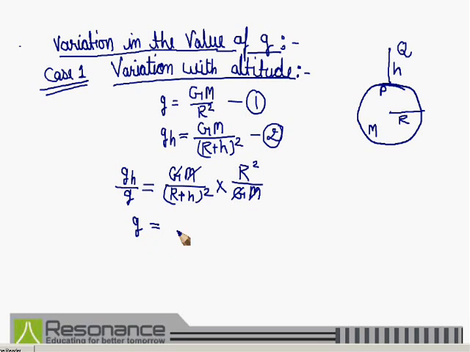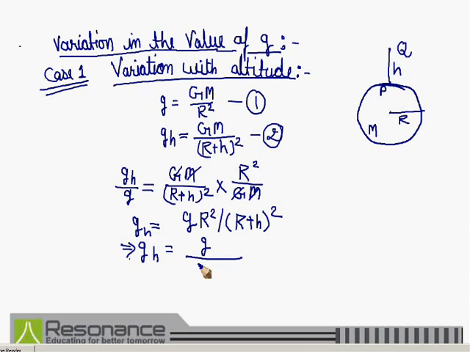Now, we get gh equals g R square upon (R plus h) whole square. This implies we can also write gh equals g upon (R plus h) square divided by R square.